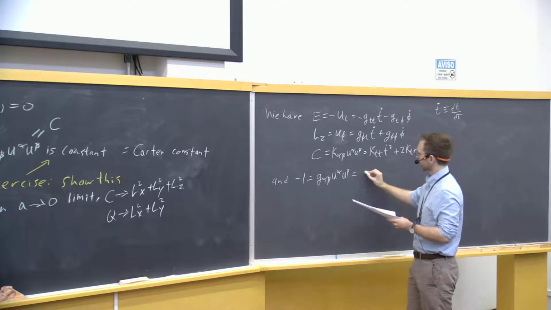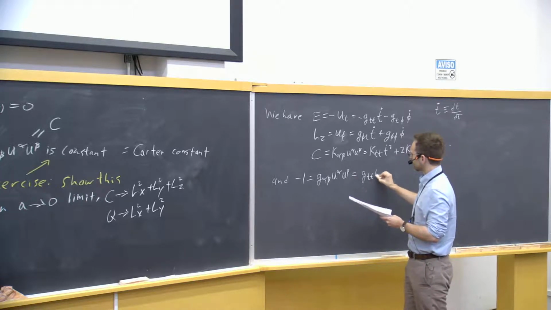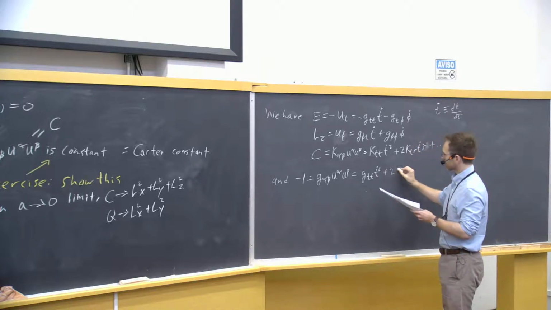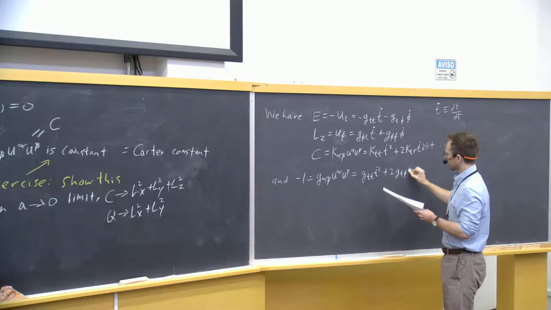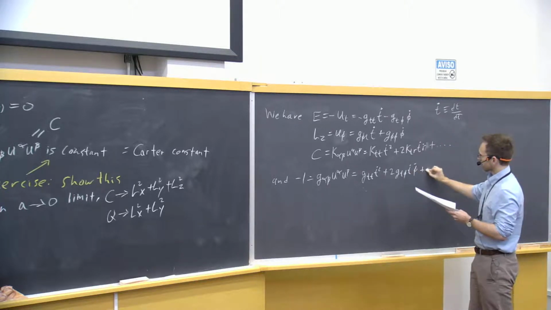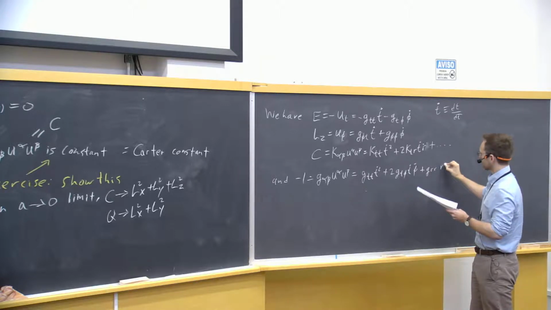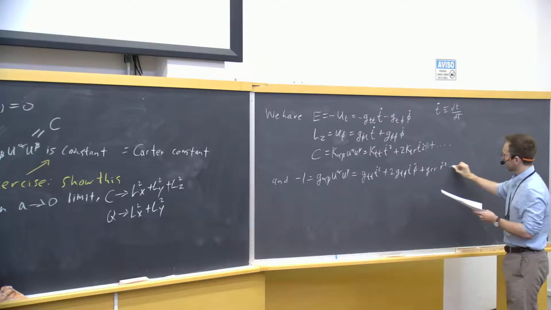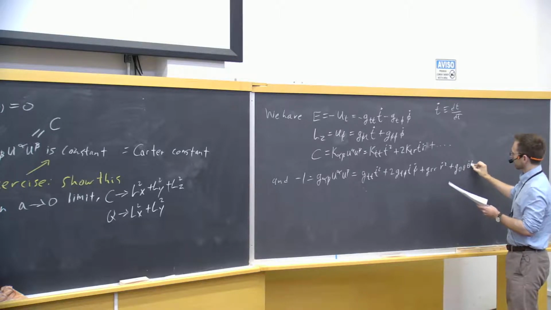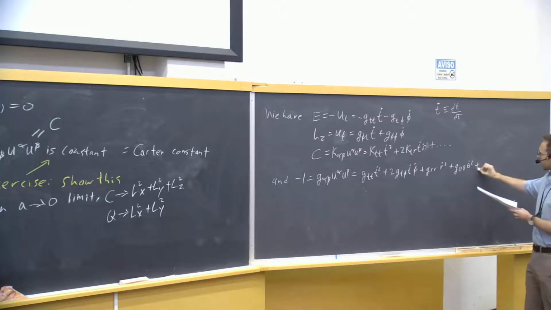And this is g tt t dot squared plus 2 g t phi t dot phi dot plus g rr r dot squared plus g theta theta theta dot squared plus g phi phi phi dot squared.